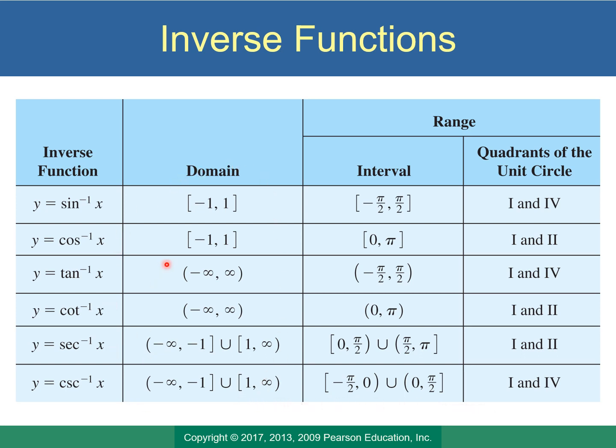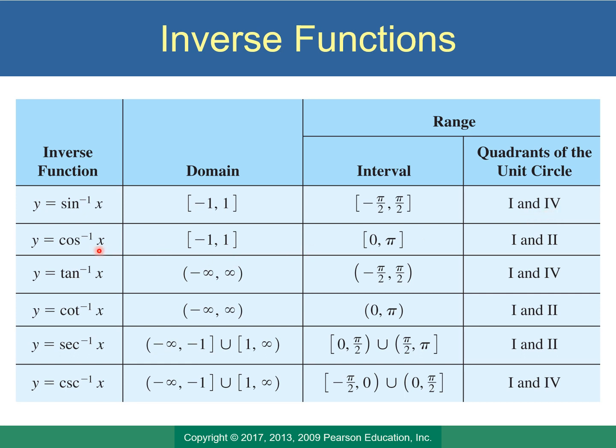So for sine, the output was between negative 1 and 1. For sine inverse, that's what you plug in. You can plug in anything between negative 1 and 1 into sine inverse, and the output will be between negative pi over 2 and pi over 2, or in other words, angle values in quadrants 1 and 4.